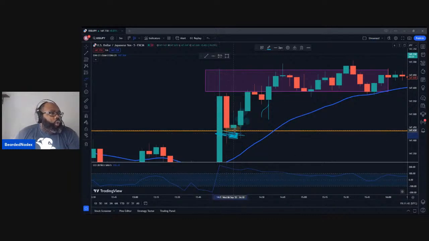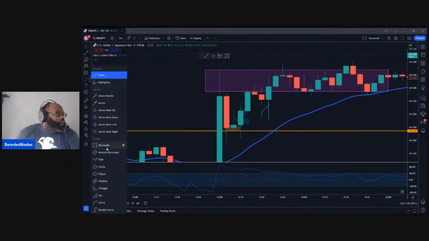Because this is below where the last wick was. This is telling me that it's breaking below that, but we know it's an uptrend. So for us, this is where we enter. This is where we're going to enter right here in this zone. Let's get the box rectangle on.